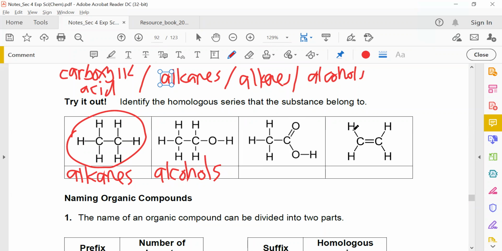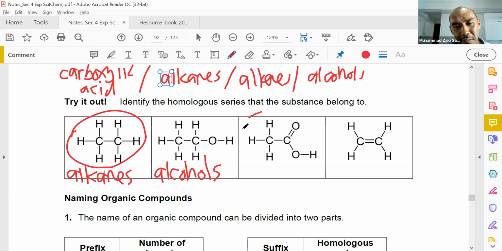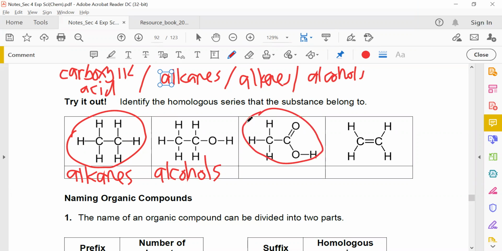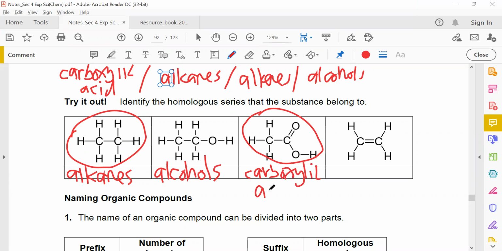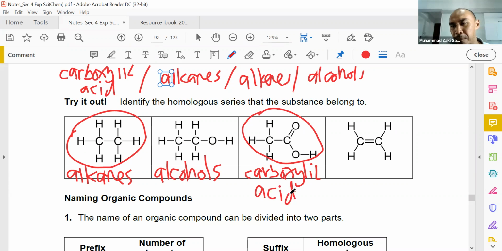What homologous series does this come from? Carboxylic. Not complete. Carboxylic acid. Very good. Okay, last one. Janelle, what group does it come from?